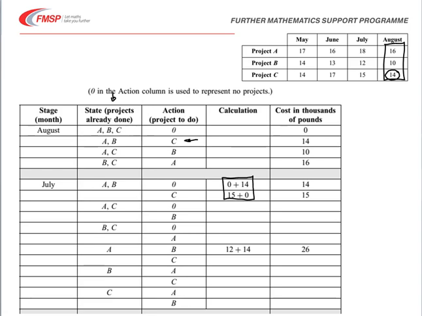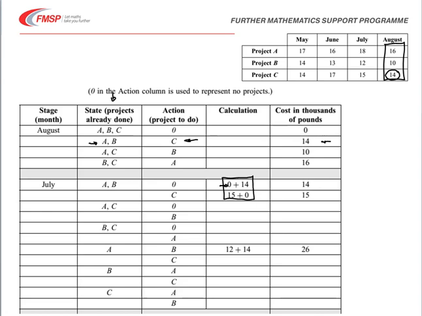The action there is 0, so we're actually doing nothing, which is that 0 there. And if we do nothing, we must therefore go to the fact that we've got A and B completed here, which gives us the 14. So the 14 is coming from this part of the table.